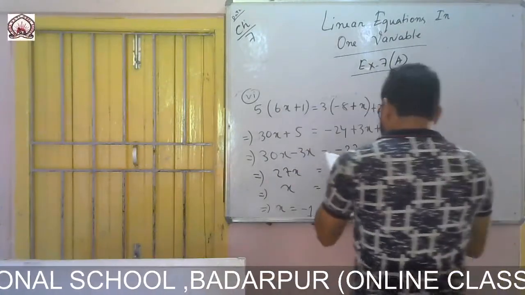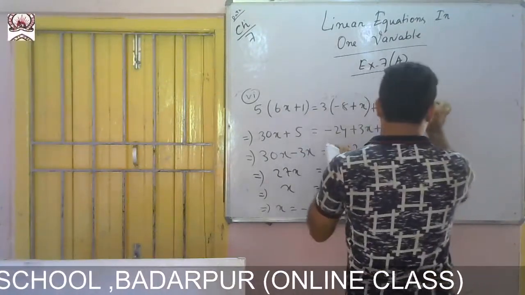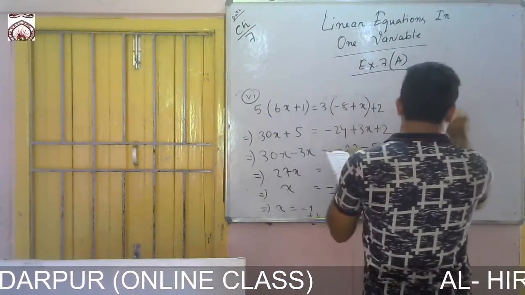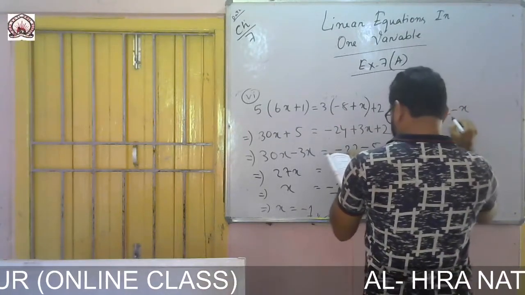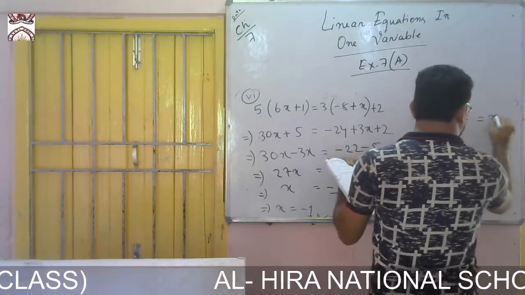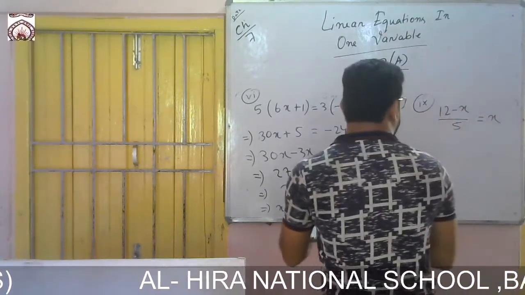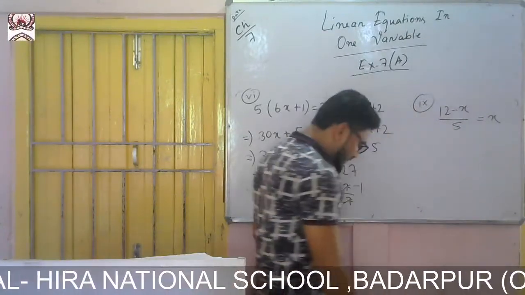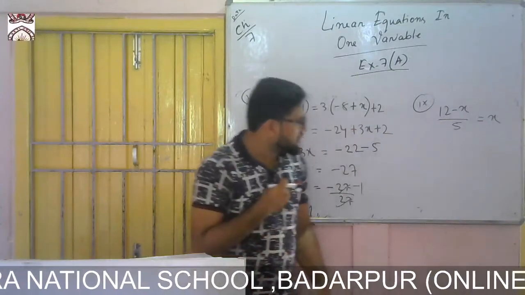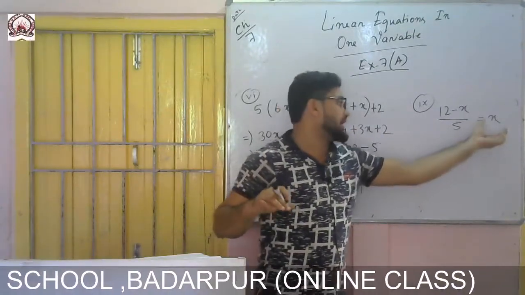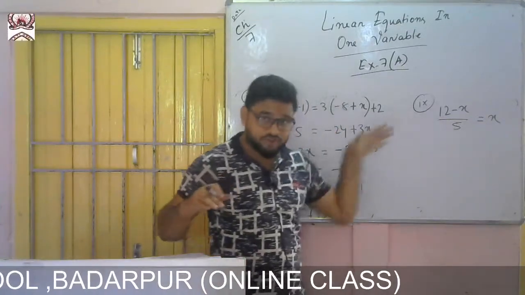So question number 9, you see. What is there? 12 minus x by 5 equals to x. Whenever you find one side is in fraction and another side is in whole, then you cross multiply.